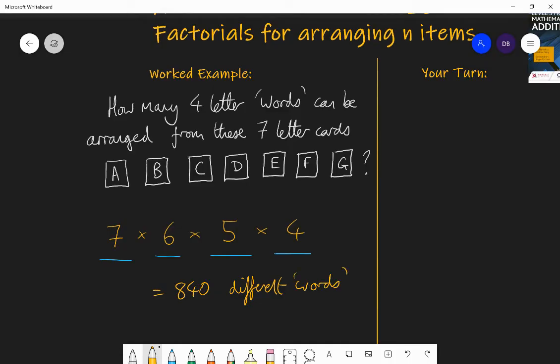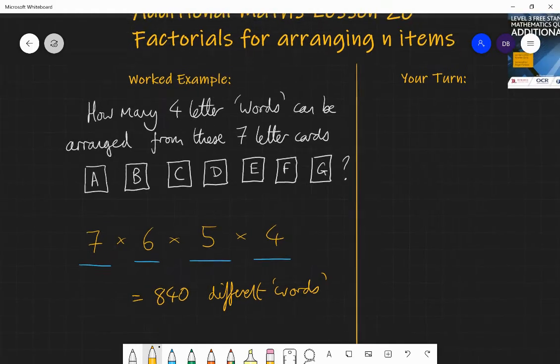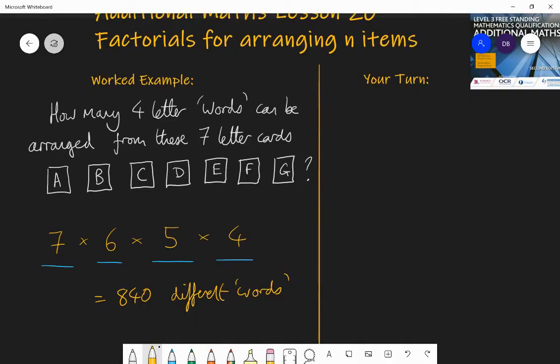Now, I would like to have another go at the following question, and then I'm going to tell you a way in which we can get this answer without having to write out the calculation in full. Okay? So, your question is, how many different 5-digit numbers can be created from the 8 cards given below.